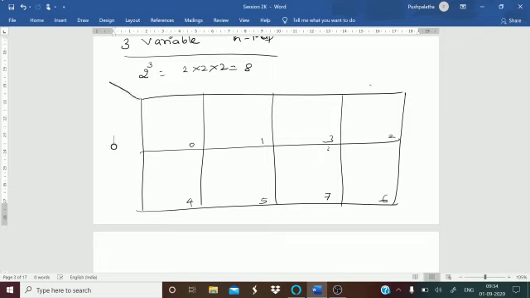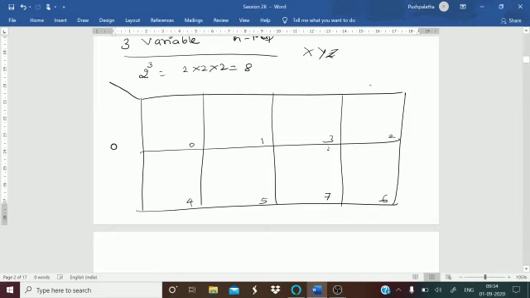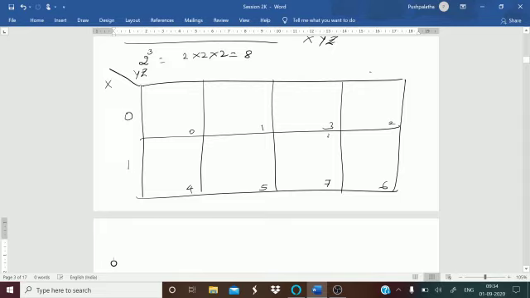Okay. You have 3 variables, x, y and z. So this will be your x, and this will be your y and z. So as we said, x can have the value of either 0 or 1. When you are having the 2 variables over here, y and z, so 0 and 0.